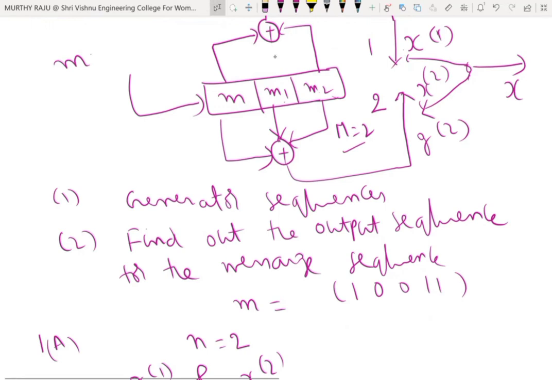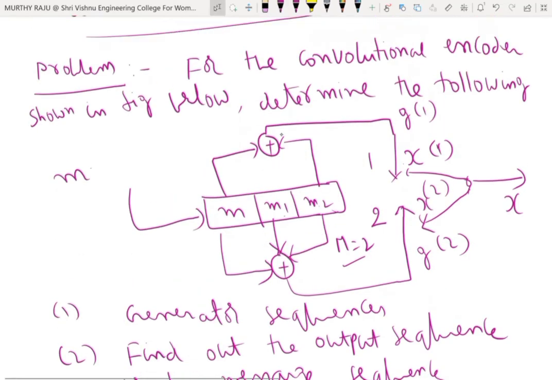Consider the first modulo 2 adder. This one is the first modulo 2 adder. This one is the second modulo 2 adder. From m to the first modulo 2 adder, a connection is there. Whenever a connection is there, it is represented by 1. That is G0 of 1, which is equal to 1. From M1 to the first modulo 2 adder, there is no connection. Therefore, G1 of 1 is equal to 0.